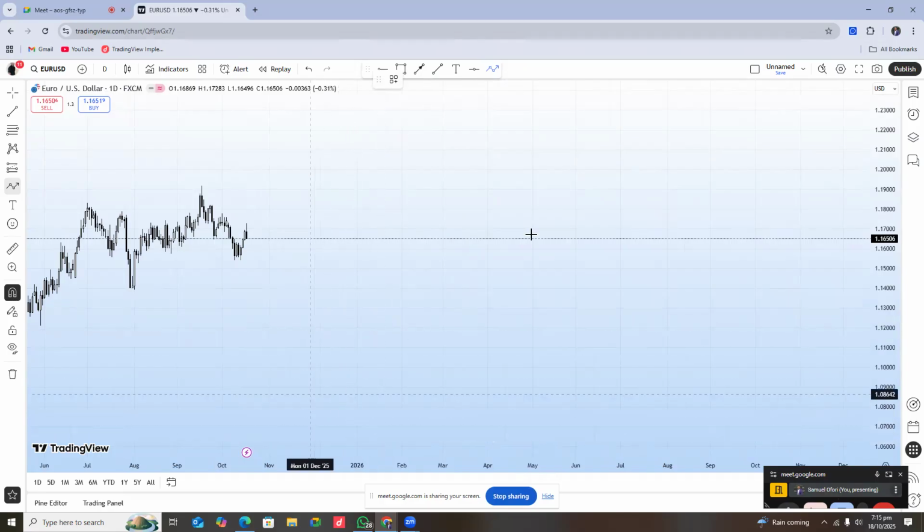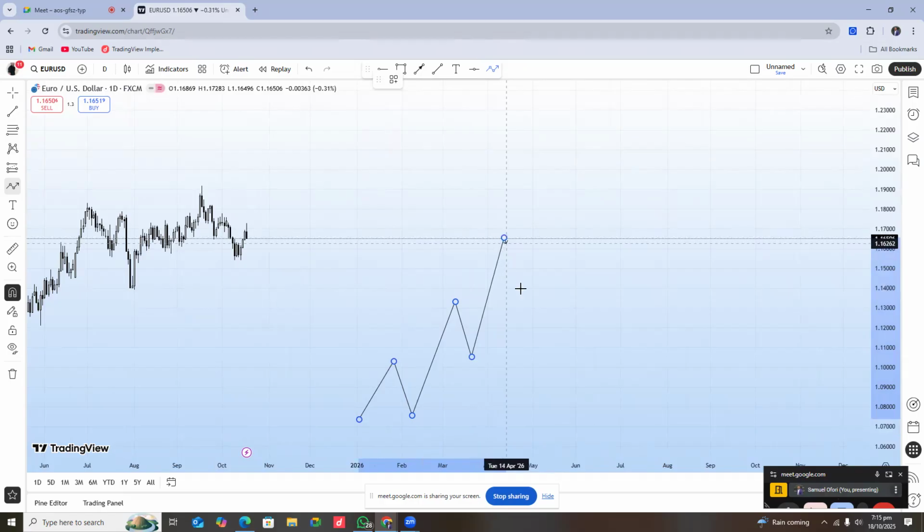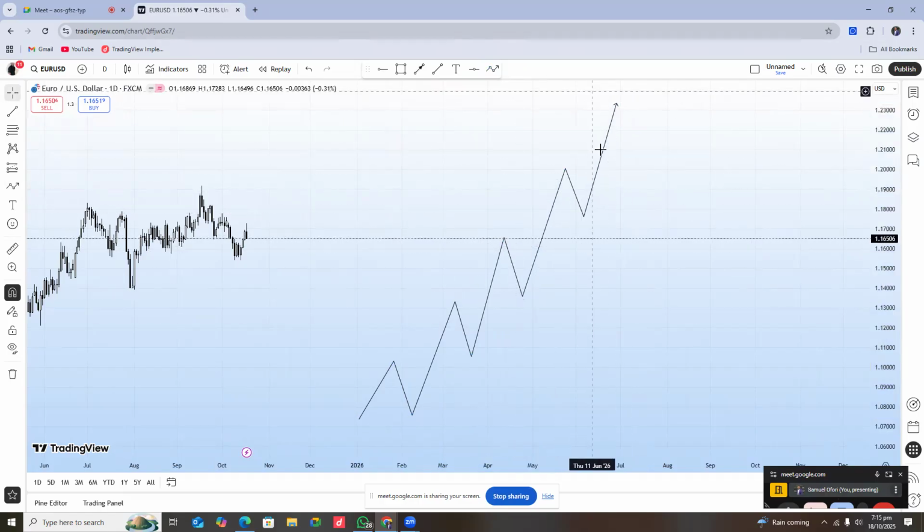Remember, I said that if the market is in an uptrend, it moves like this. It continues to go until there is a shift in structure and then the market reverses. But as it continues to form this, it is in a clear uptrend.